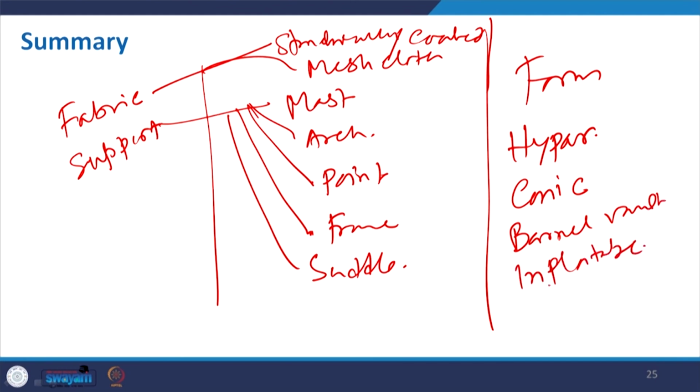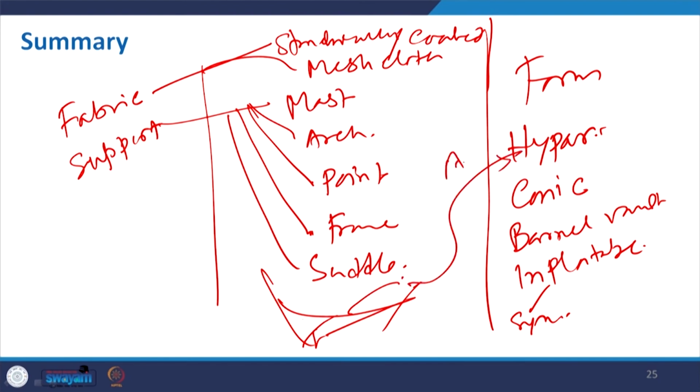Inflatable is basically synclastic curvature and hyper is basically where you have this kind of member, so you get the anticlastic curvature. So, the advantage is definitely that it can cover a large span with minimum weight and minimum investment, but there are problems like poor resistance to heavy wind and other things that we need to take care of. With that I conclude here.